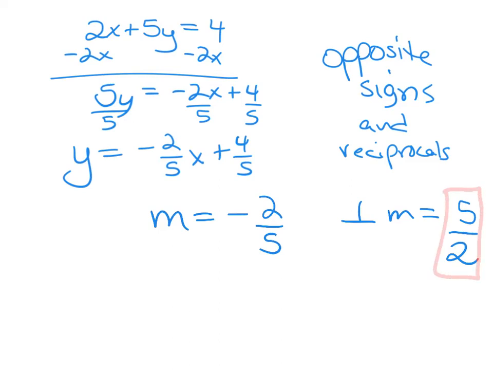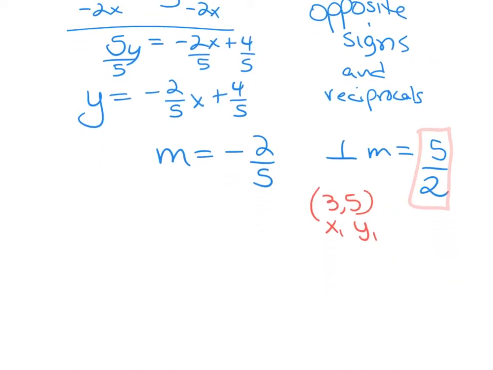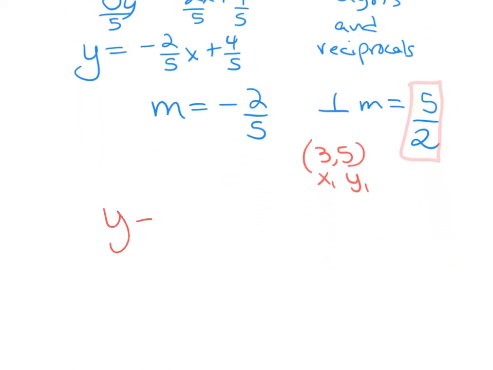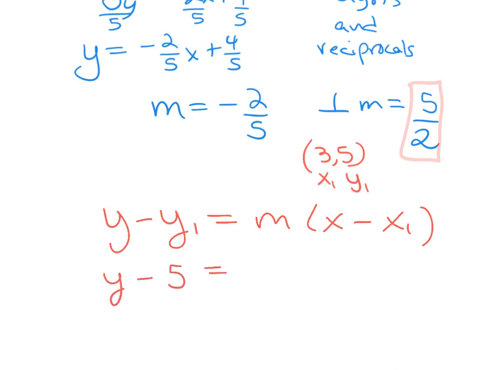And again, I'm going to use the same ordered pair, that 3, 5, as my x1, y1. So y minus y1 equals m times x minus x1. Plug in y1, plug in the slope, plug in the x1.